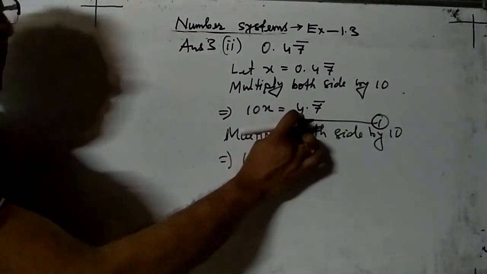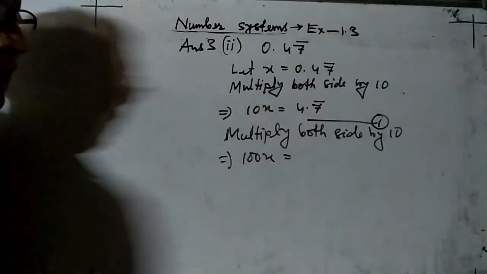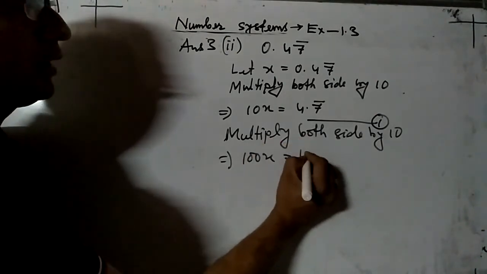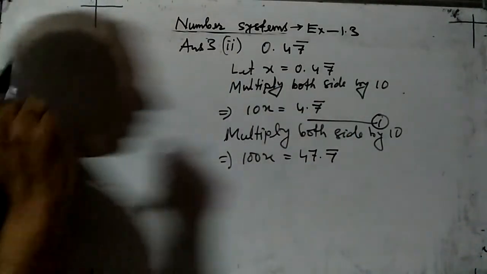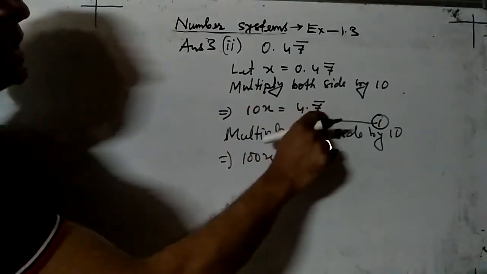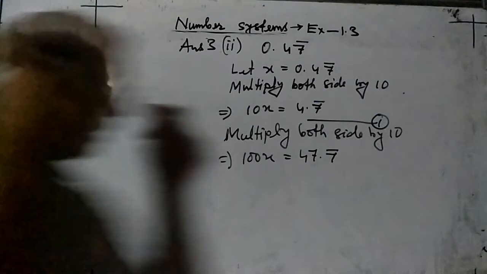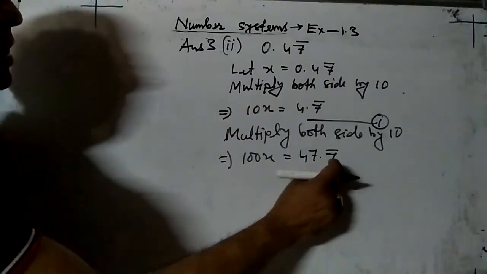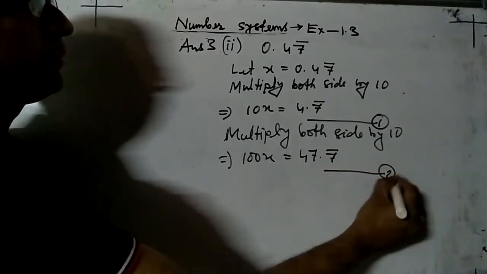And here if you multiply by 10, the point will shift one digit, then 777 will again come. That means you can put 7 bar. So 47.7 bar, because 7 is not one number here. 7 bar means 7 7 7 7 7 continuously will come. So if you shift one digit to the right side, you will get 47.7 bar. This is equation number 2.